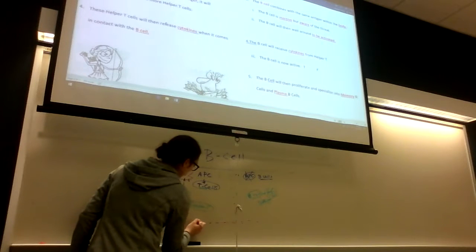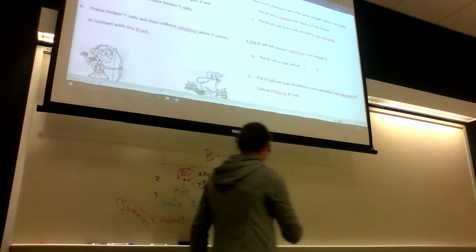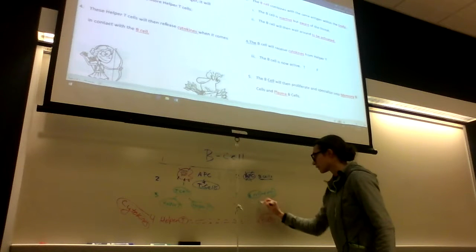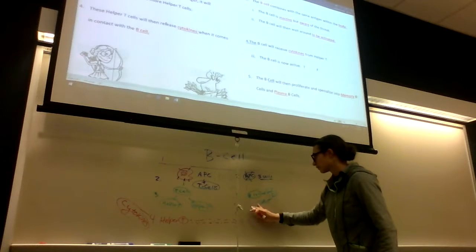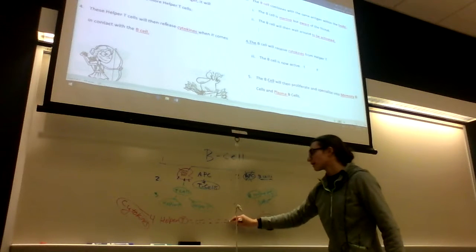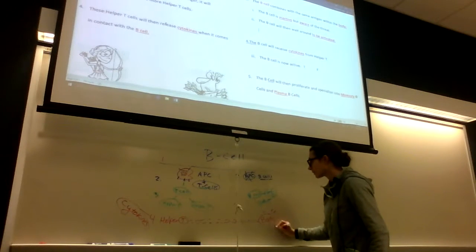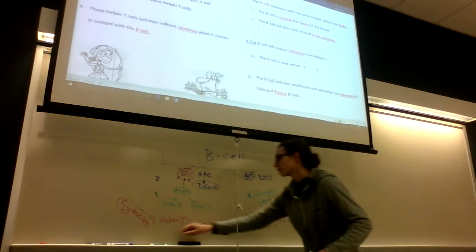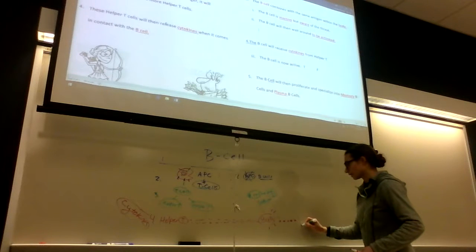These cytokines are then going to go to this B cell over here, and the B cell is then going to become activated. And when the B cell is activated, it's going to produce antibodies to kill the threat.